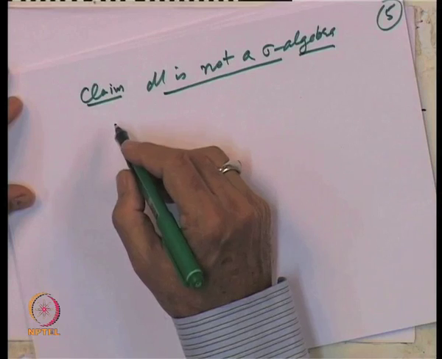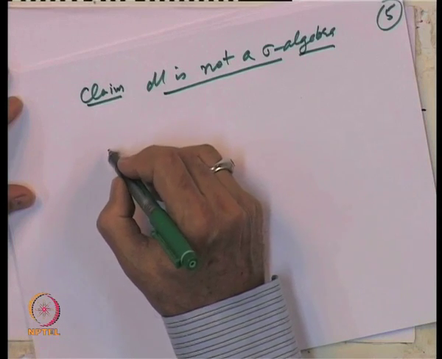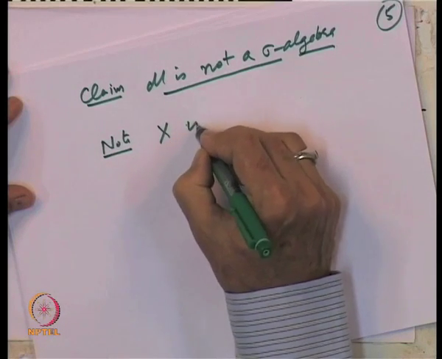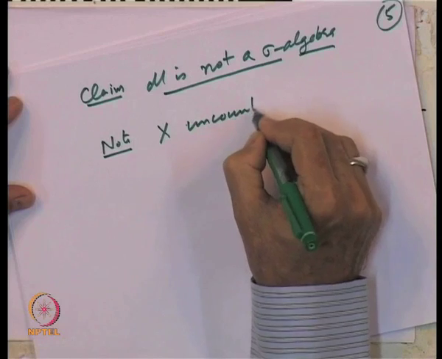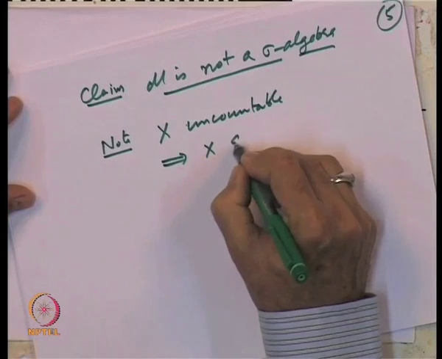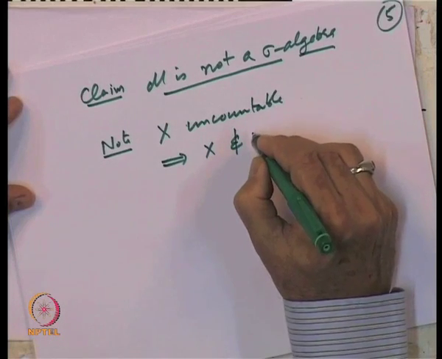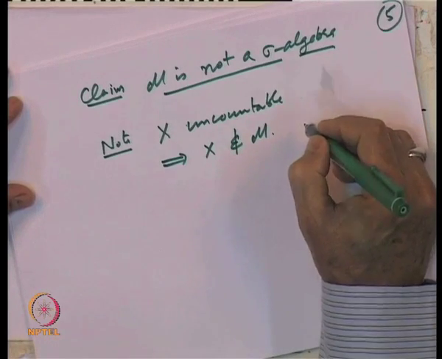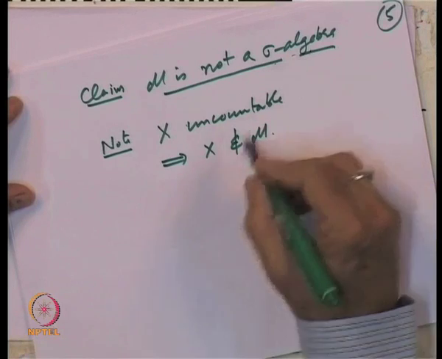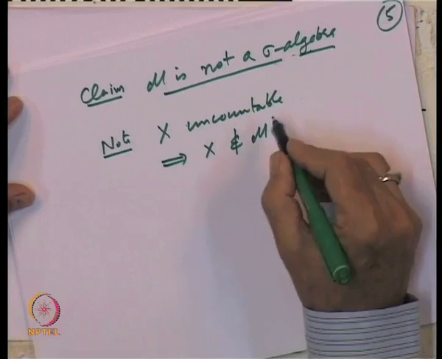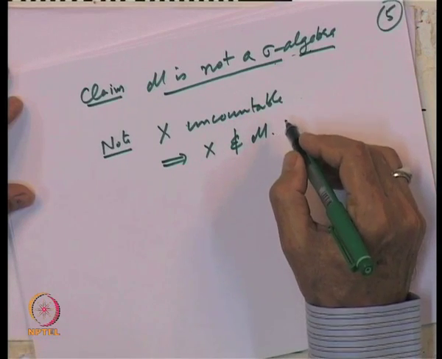Let us observe a few things here. Note here we will be using X uncountable, which implies, first of all, X does not belong to M. So, the very first property of a collection being a sigma algebra, namely that the whole space belongs to it, is violated because X is not countable, it is uncountable.